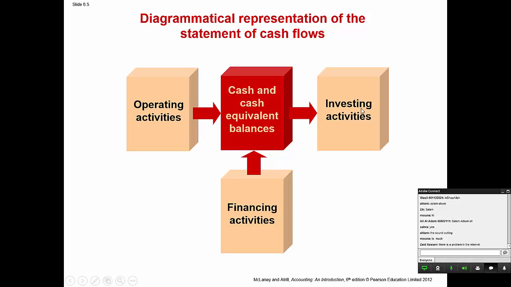And for financing activities, that means we get some loans, either short-term or long-term loans. By getting this loan, the cash flow will be in this direction, from the financing activities to the business.